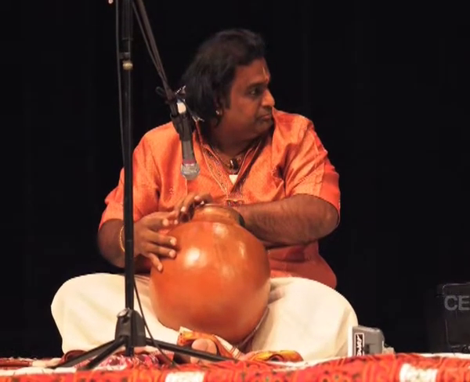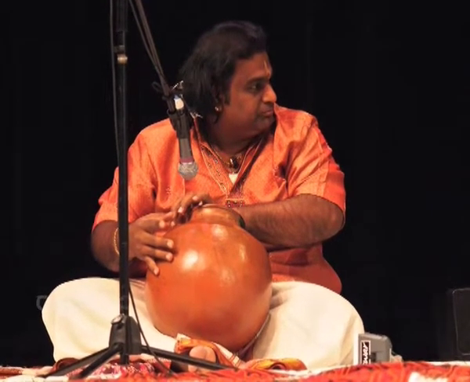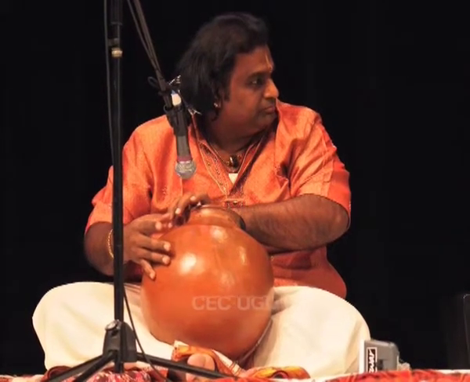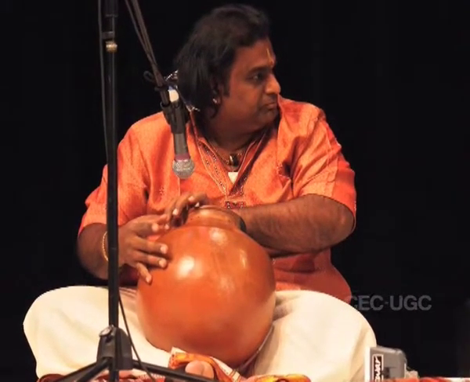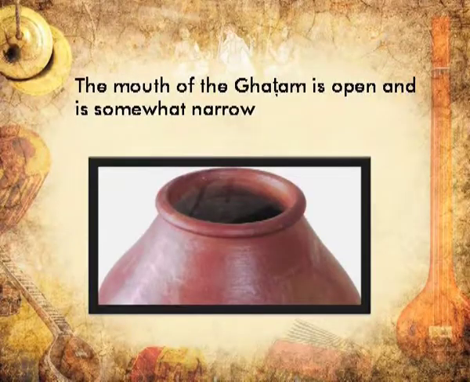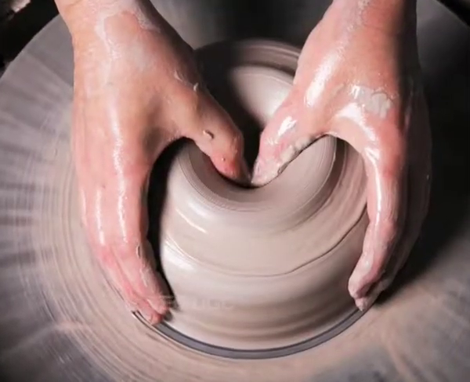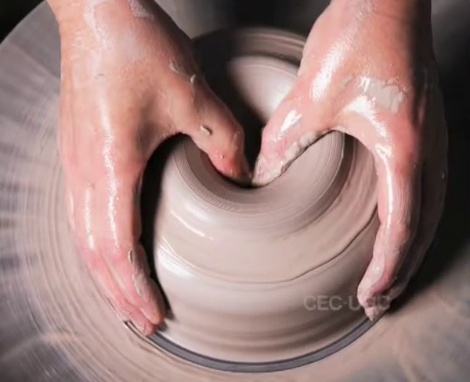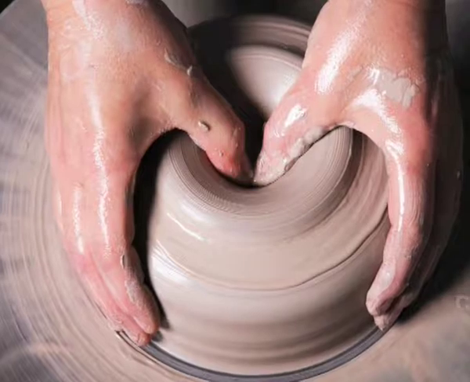It is the mud pot which is used to provide rhythmic accompaniment in concerts of Carnatic music. The mouth of the ghatam is open and is somewhat narrow compared to the mud pots used for domestic purposes. The clay used for making the ghatam is mixed with iron filings and baked.